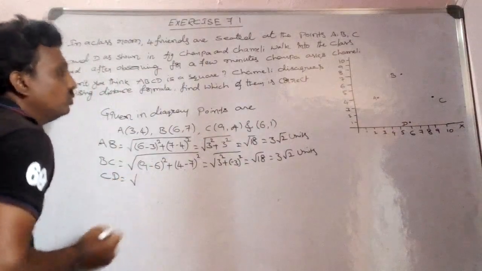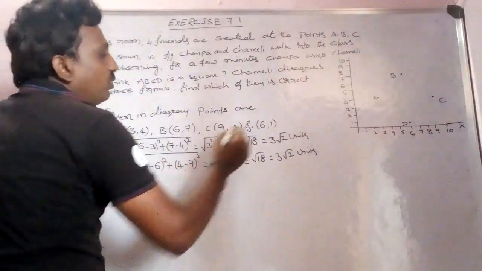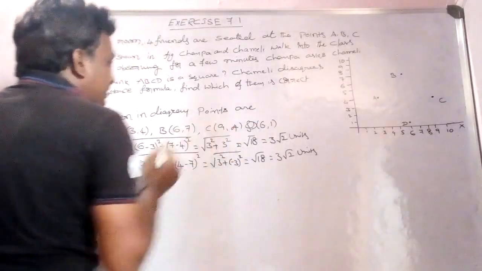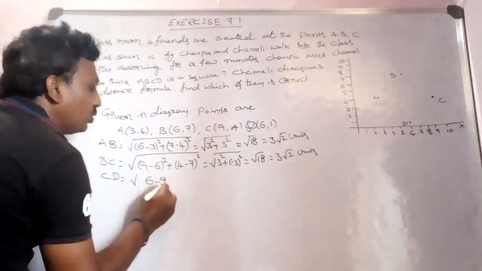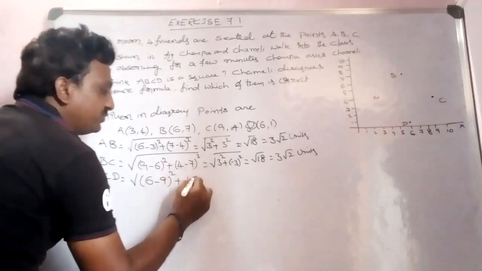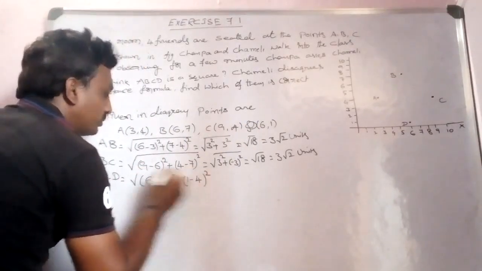CD equals square root of 6 minus 9 whole square plus 1 minus 4 whole square.